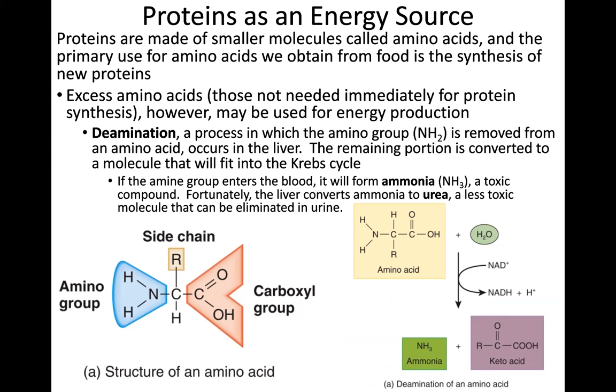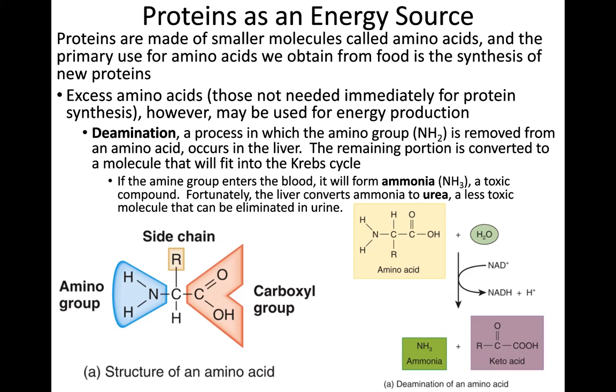Because remember, and I talked about this in our last lecture, there are 3 major fuel nutrients: carbs, lipids, and proteins. Proteins, honestly, though, are not a typical source of energy. Okay? We don't prefer to make energy from proteins.